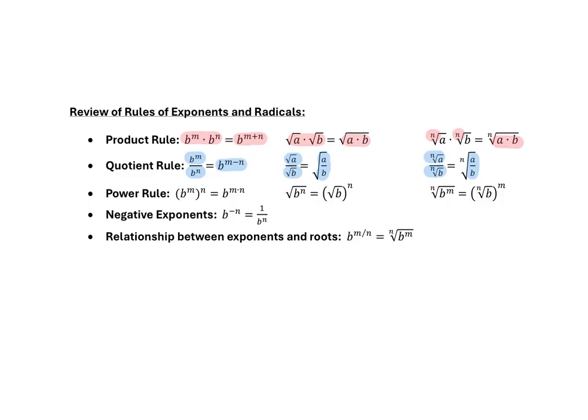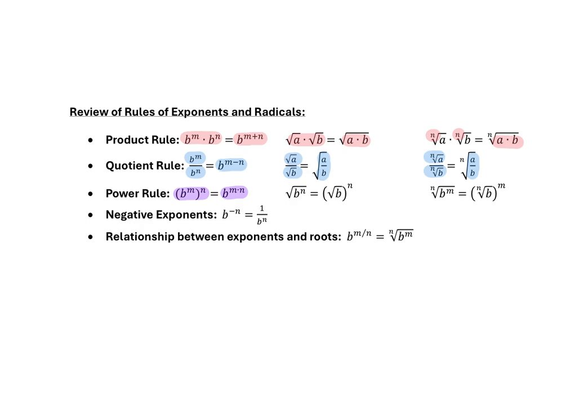And finally, we have our power rule. Our power rule states that if you have a variable raised to an exponent, and you raise that whole thing to another exponent, we multiply the exponents.